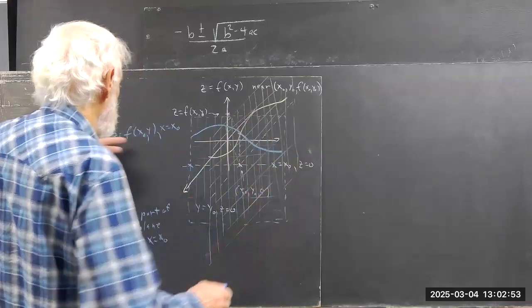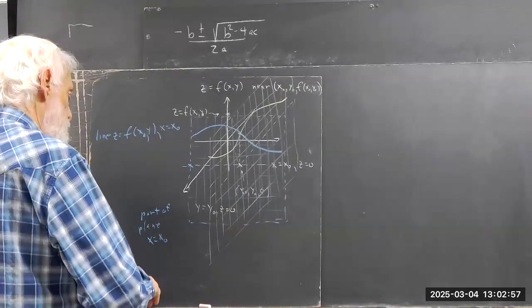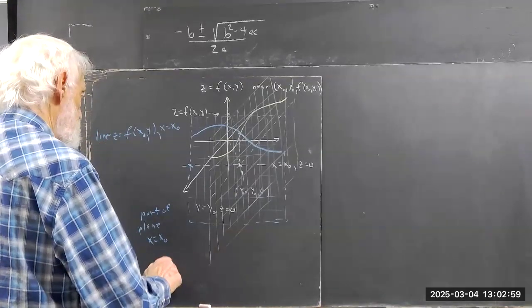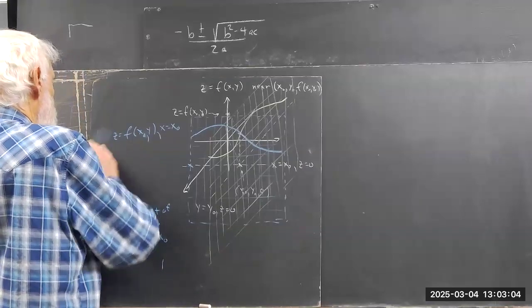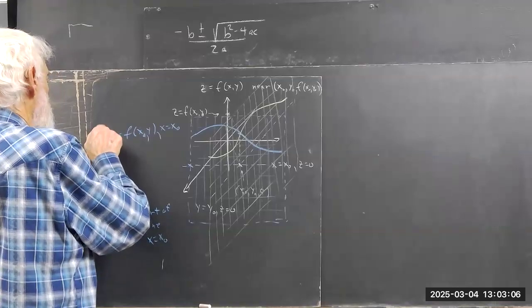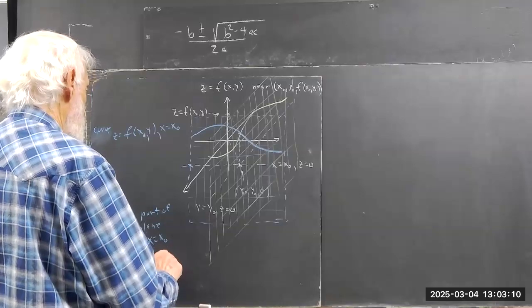Then this plane is z equals f of x naught, y, etc. And I call this a line, this is a curve. Call this curve.